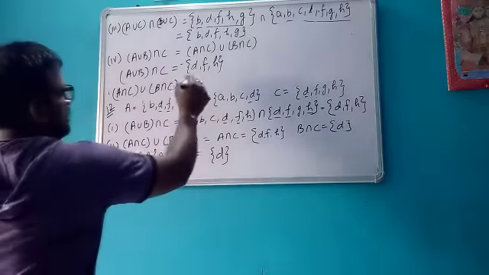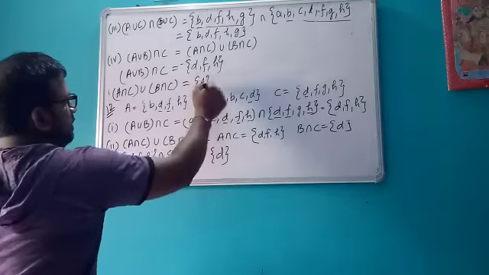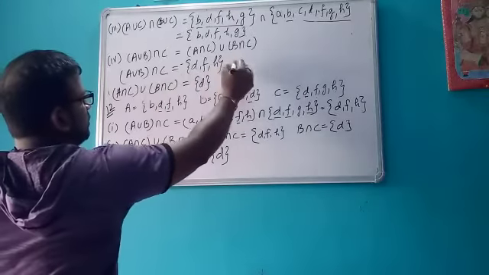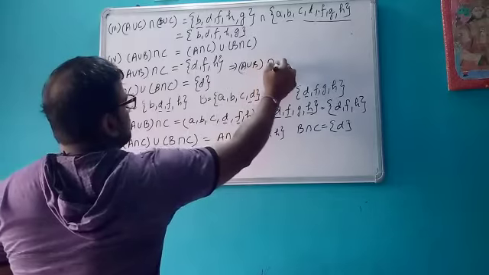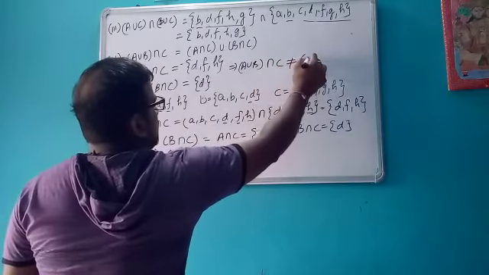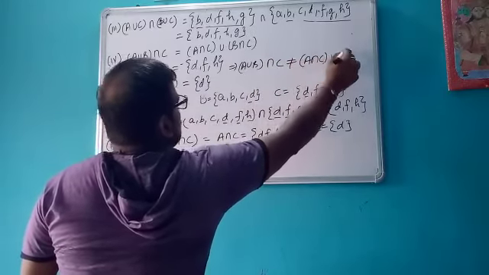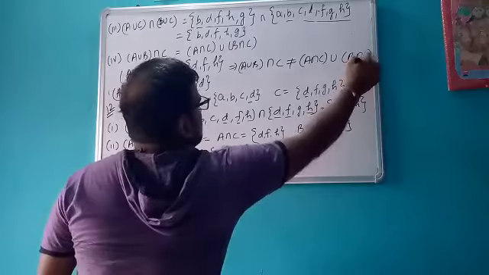The answer was D. And you can see very clearly that we can write that A union B intersection C is not equal to A intersection C union B intersection C.